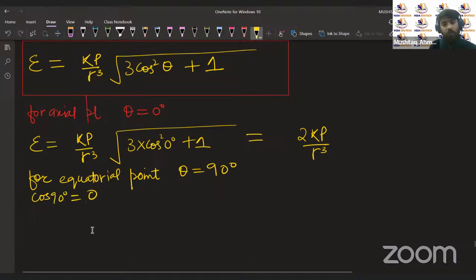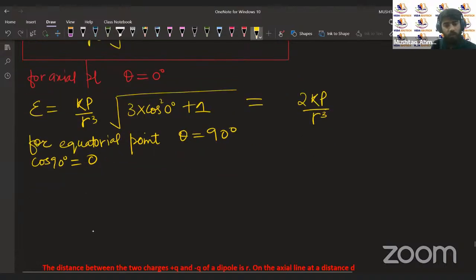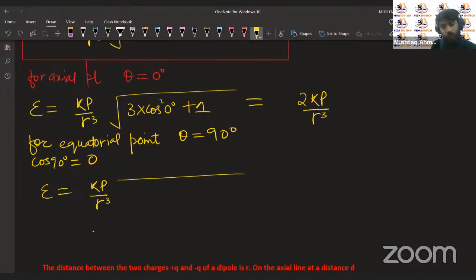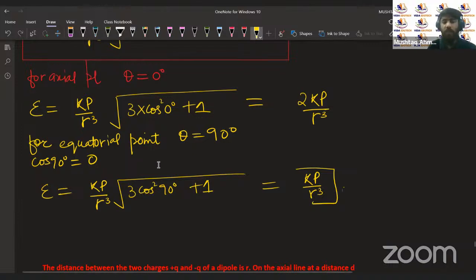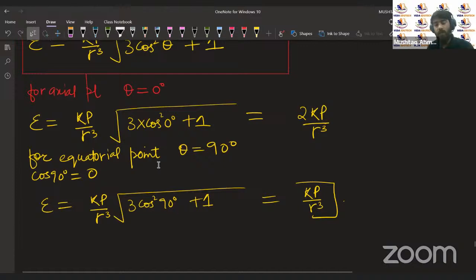You can put the value of cos 90 in this equation, and we will get Kp upon r cube under root of 3 cos square 90 degree plus 1. So that will be equal to 0, and the electric field at equatorial point will be once again Kp upon r cube, right? Kp upon r cube will be the electric field at equatorial point.